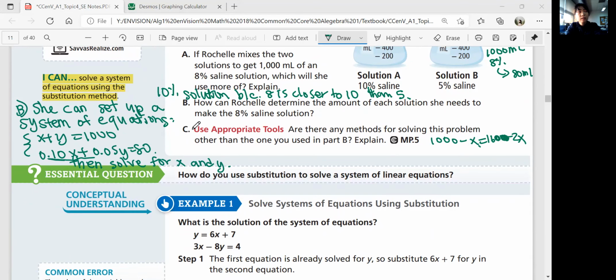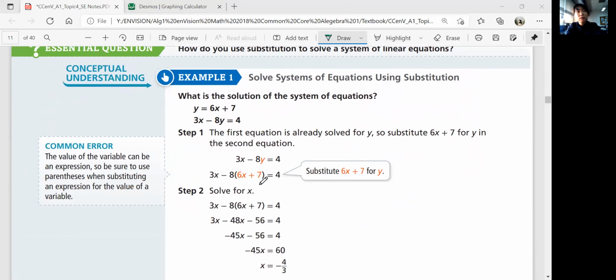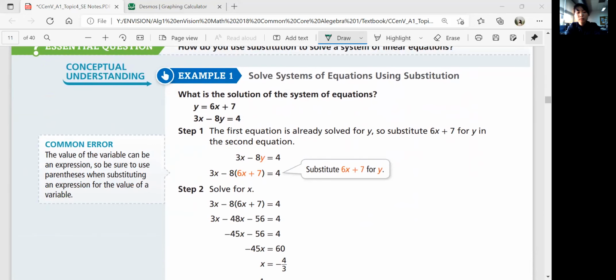Let's look at example number 1: solving systems of equations using substitution. What's the solution for the system of equations here? If you use substitution, you have the first equation that's equal to y.